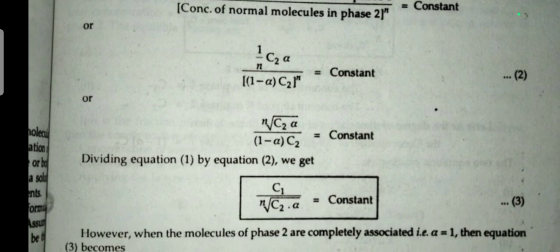Dividing equation 1 by equation 2, we get C1 upon (C2 alpha) raised to power 1 by n is equal to constant.